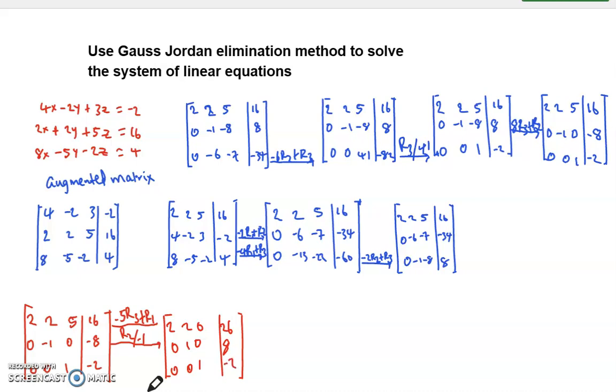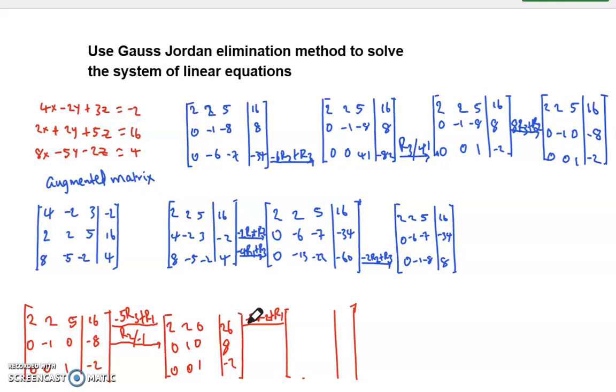So now let's work on row 1 in order to make this 2 0. Working on row 1, we are going to use -2 row 2 plus row 1. That will help us eliminate this 2.